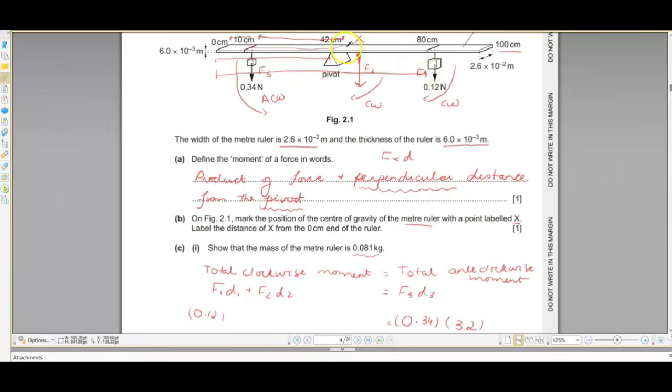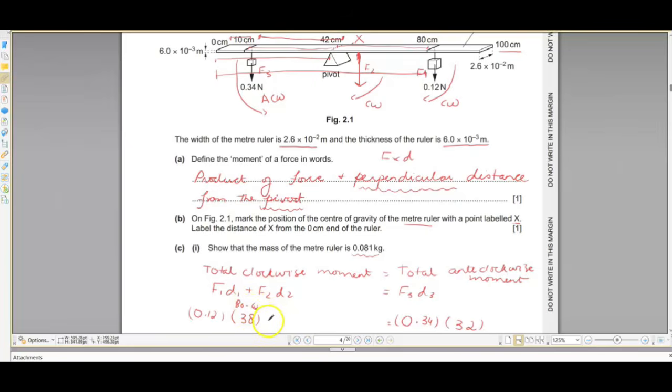And we just need this distance. So we are going to subtract this distance, which is 42 centimeters, from 80 centimeters. So 80 minus 42 is going to give us 38. I'll just write 80 minus 42 for your convenience as well.